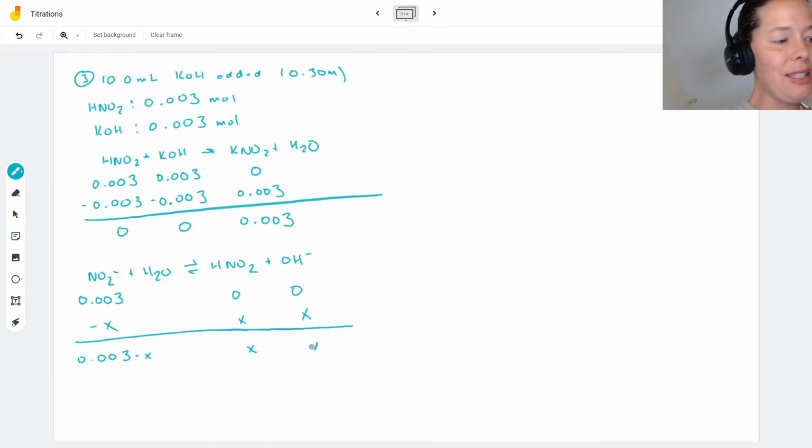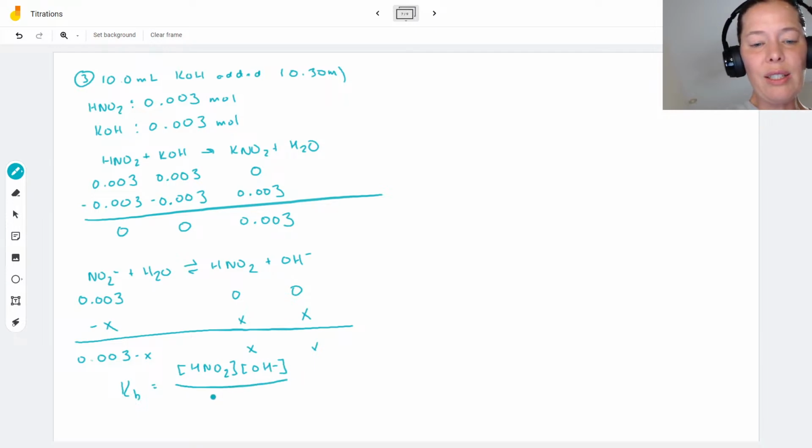This is x. This is x. And now I want to be really careful here. Remember, we kind of get in the habit of always writing Kas, but nitrite is a base. This is actually a Kb. And so my Kb for this is nitrous acid times concentration of hydroxide over concentration of nitrite. And that is my Kb.